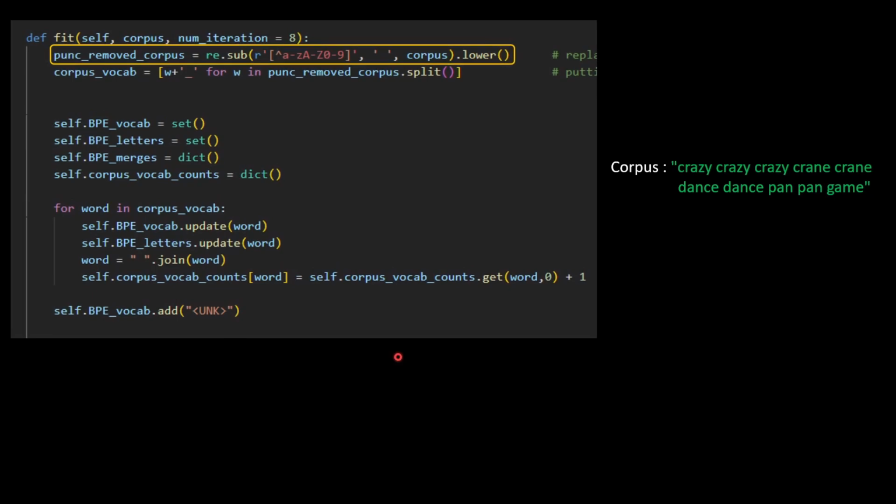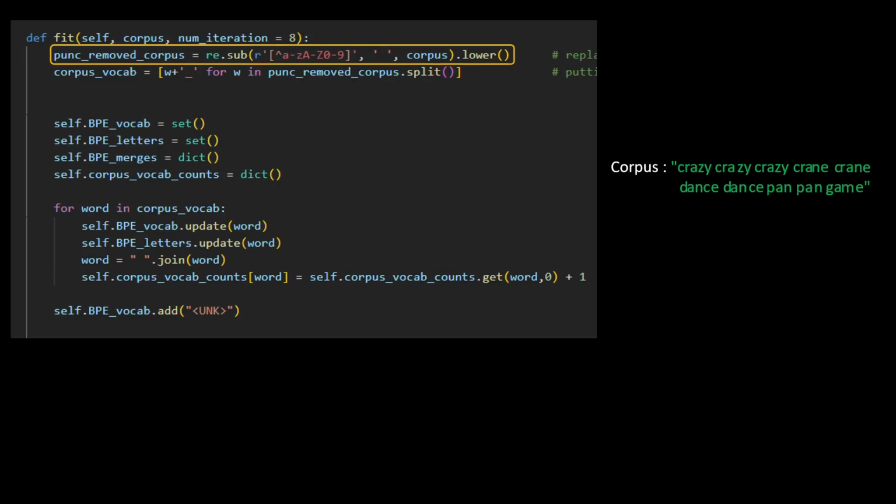As we are doing text normalization, we are replacing all the non-alphanumeric characters, meaning punctuation marks and anything not falling in the A to Z or 0 to 9 range, with a space, and we are also turning capital letters into small letters. So this is just the normalization part.